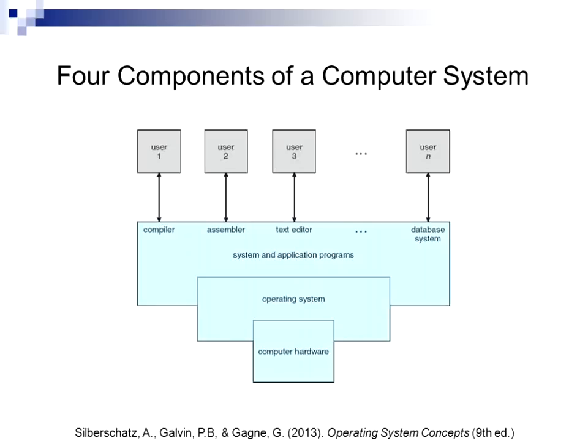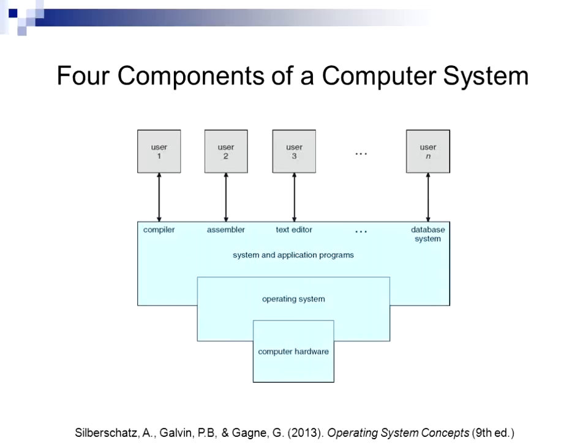Basically, if we look at a computer system, though, they all look pretty much like this. Even our smartphones. We might not have compilers and text editors, although we do have notepads and so forth on our smartphones. But we have a lot of this on our phones as well as on our mainframe systems.